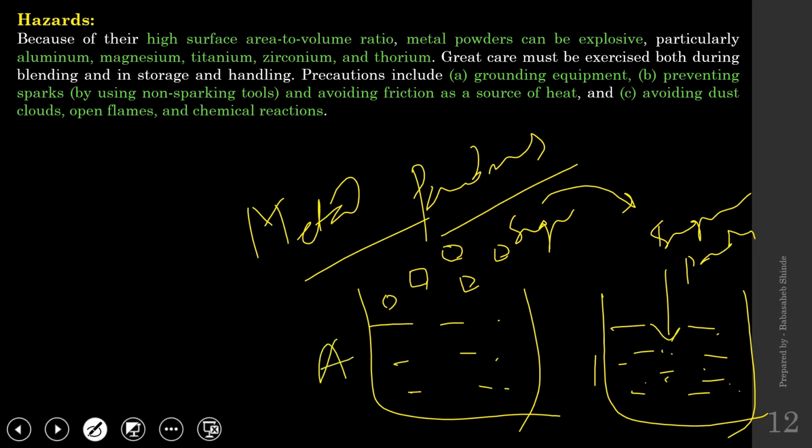Suppose this is A and this is B. In which container, whether A or B, will the sugar dissolution rate be more? In A, I have dropped coarse sugar particles, and in container B, I have dropped sugar powder. Correct? In case of B, the dissolution rate is going to be more.